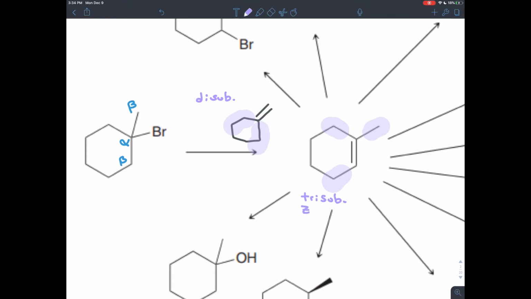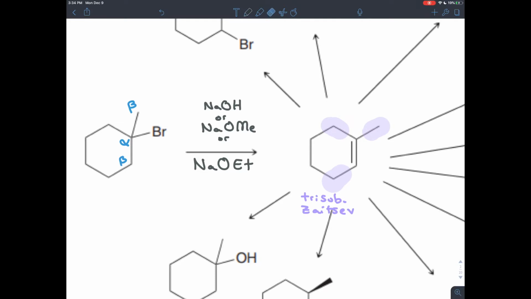If you remember, that's the Zaitsev product, and to get the Zaitsev product, you always add a skinny base. So examples of skinny bases are sodium hydroxide, or sodium methoxide, or sodium ethoxide. All of those are skinny bases that would give you that Zaitsev product.